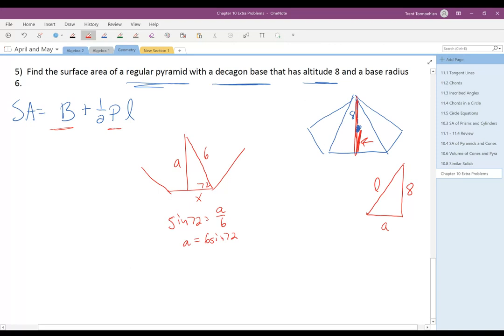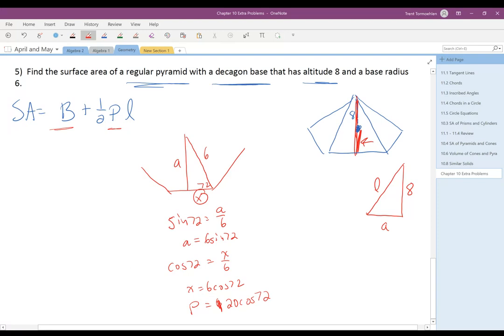And then the perimeter is found by finding x. And so you do cosine of 72 equals x over 6. And so x equals 6 cosine 72, which means the perimeter is going to equal 20 times that, so 120 times cosine 72.